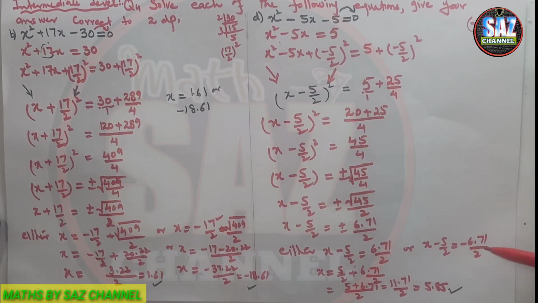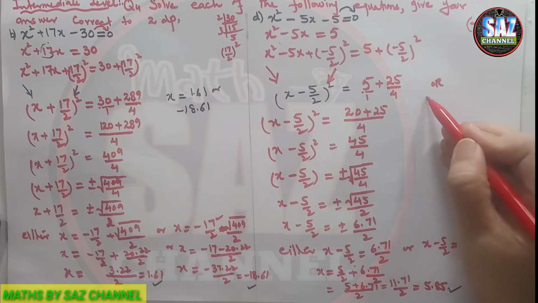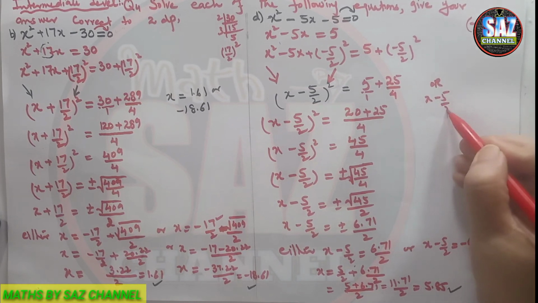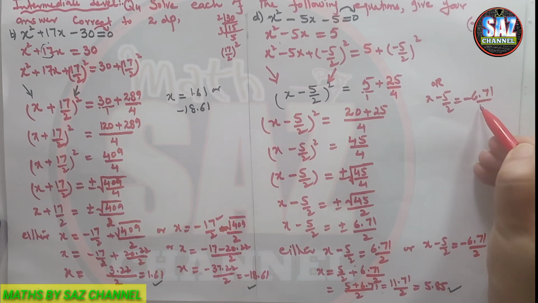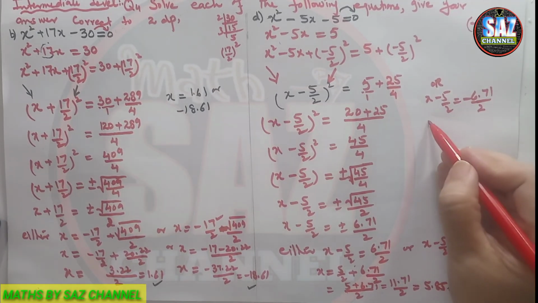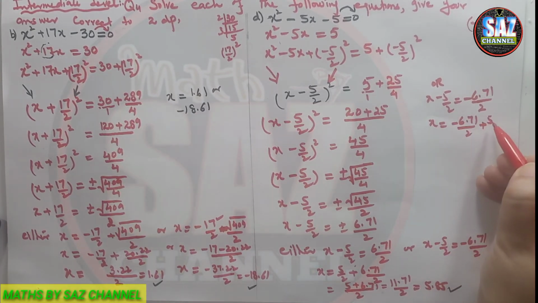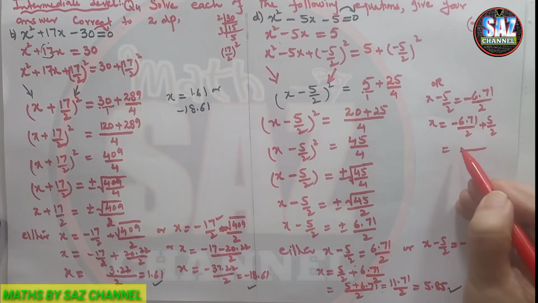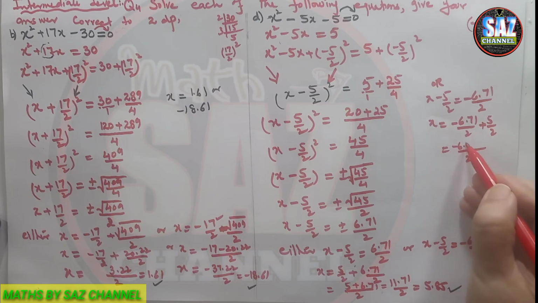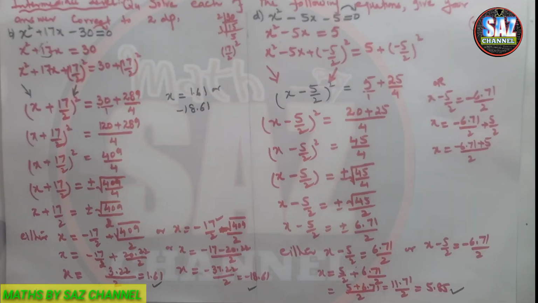Okay, coming to the second part, I'm solving this portion over here, x minus 5 by 2 equals minus 6.71 by 2. Shift 5 by 2 to the other side: minus 6.71 plus 5 by 2. Take the LCM, and this will give me 2 as the LCM, and minus 6.71 plus 5 equals x.